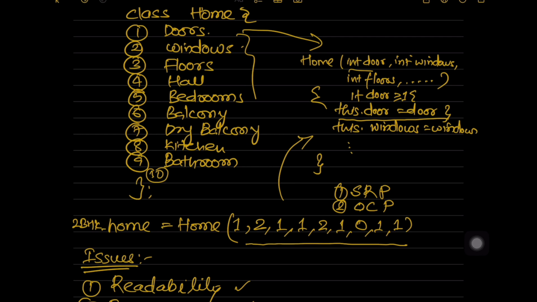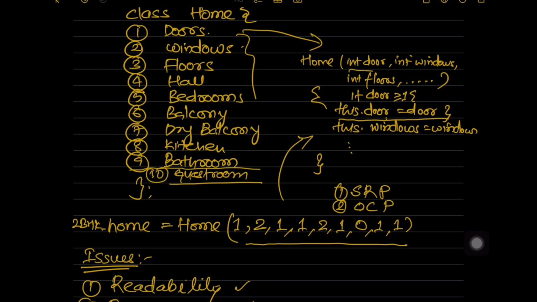Every time we add another parameter here, say a guest room, a new parameter, this class needs to be modified, this constructor code needs to change, and anytime anything changes, all these test cases need to be run so that nothing is broken.